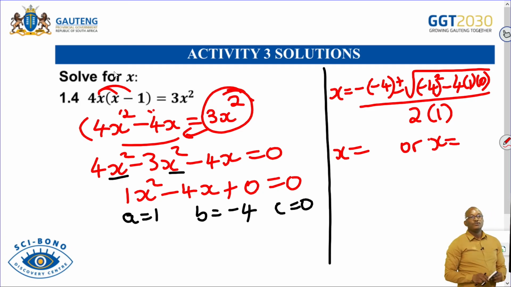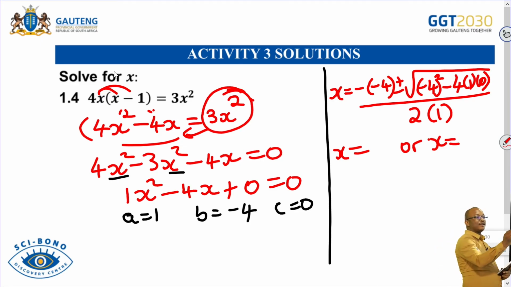Then how you do this one, we are going to say negative into negative 4, then plus negative 4 there, then negative 4 squared, and you have negative 4 into 1 and 0, then you divide it by 2 into 1.